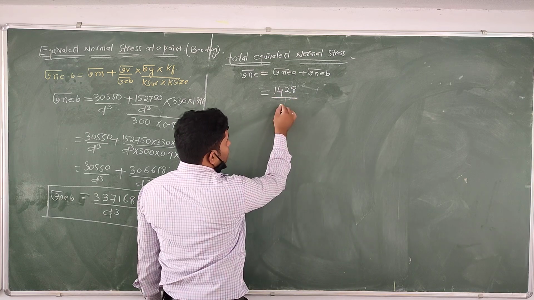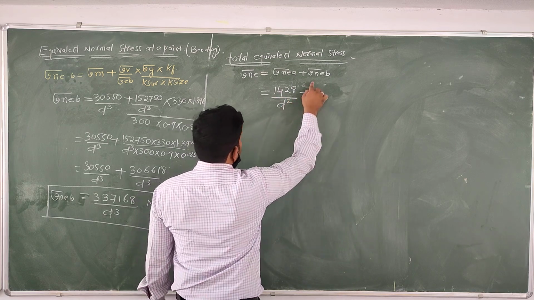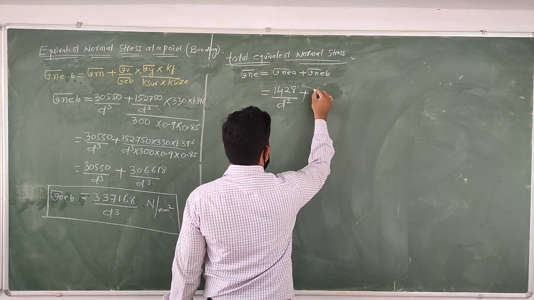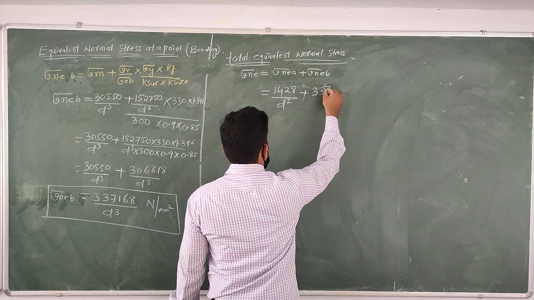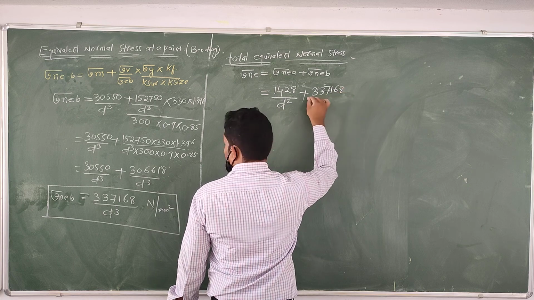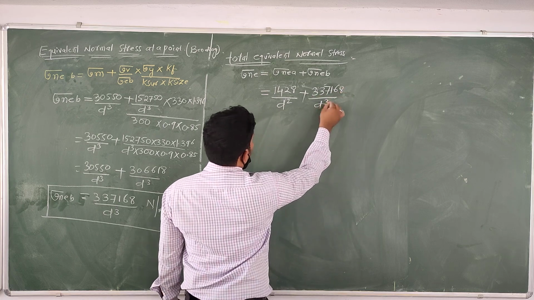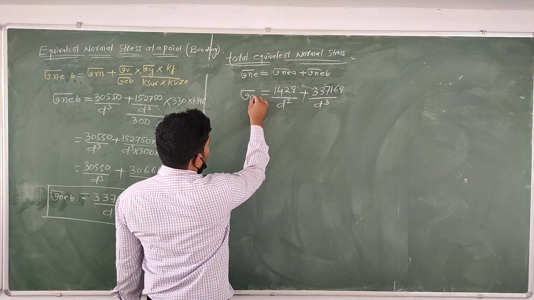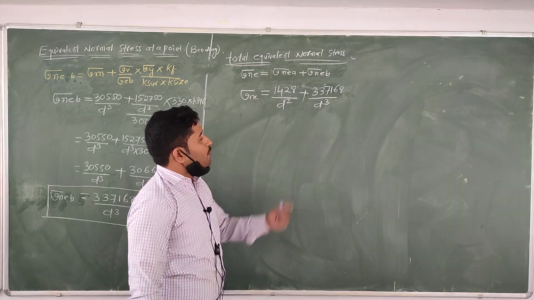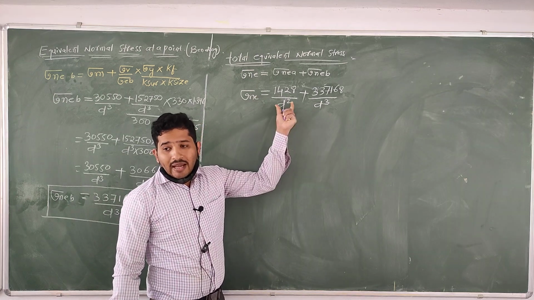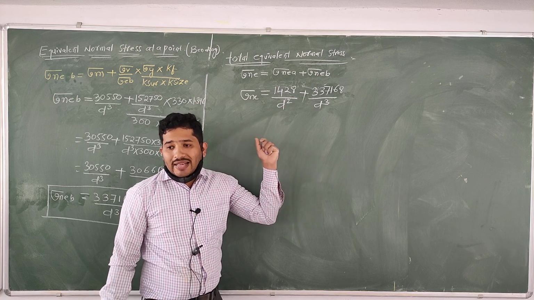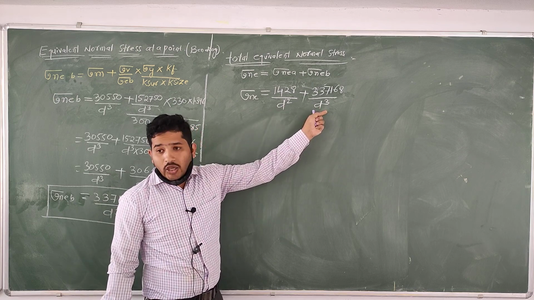Is it right? Plus sigma NEB value is 337168 by D cube, by sigma NE. So in this case, is it possible to take a common term? No. So for that reason, we are taking D cube common here.